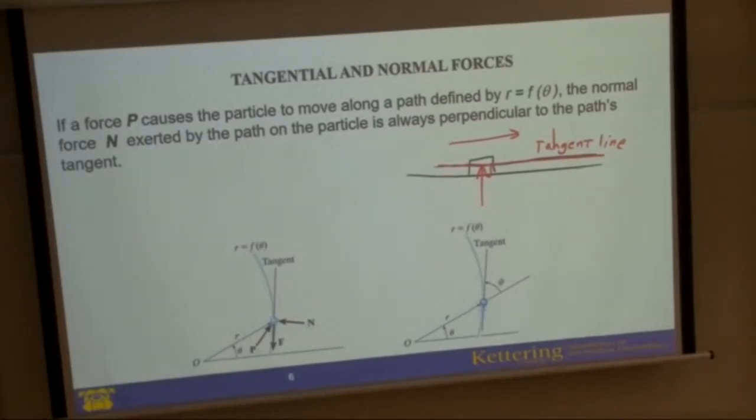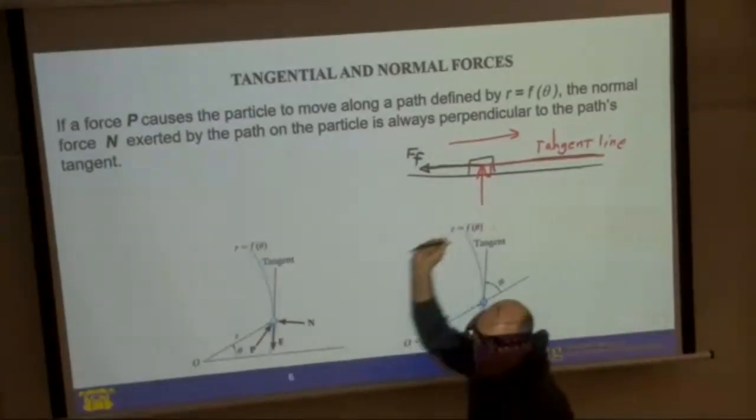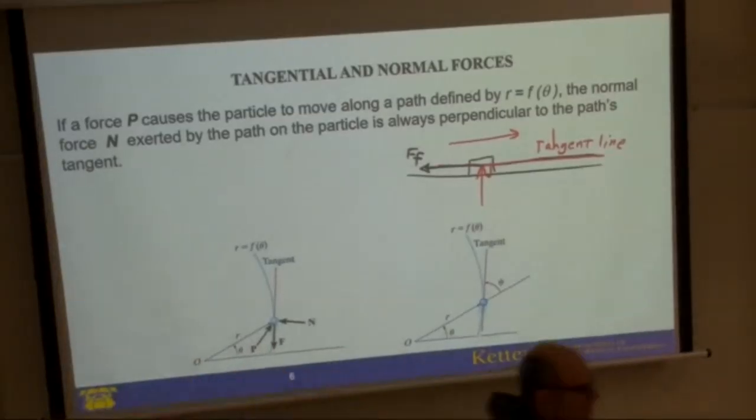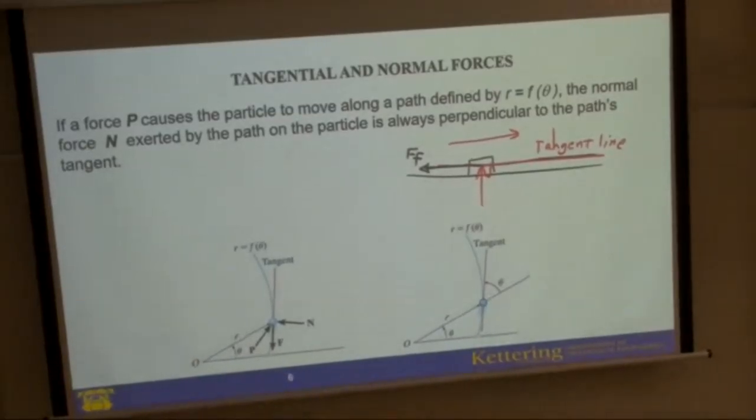Here, this will be the frictional force. You will see that the frictional force is along the tangent line, but in the opposite direction of the motion. Similar to this one, this F, or I just used F.